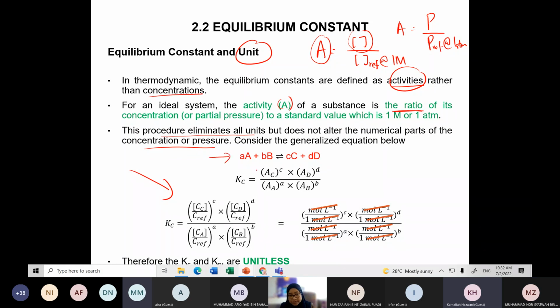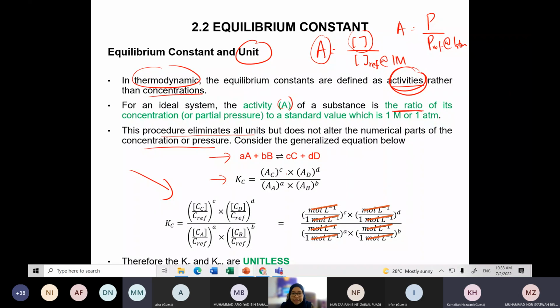Okay, consider this general equation. If we write KC in terms of activities, as in thermodynamics, instead of using concentration we use activities. So this is how KC should be written in terms of activities.